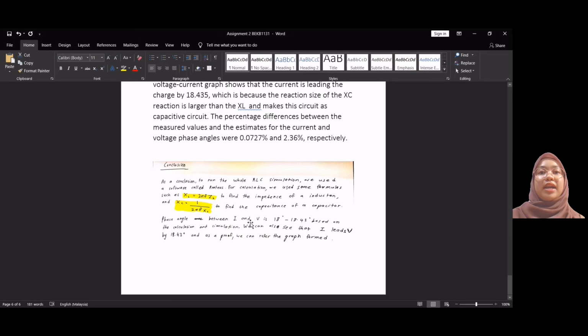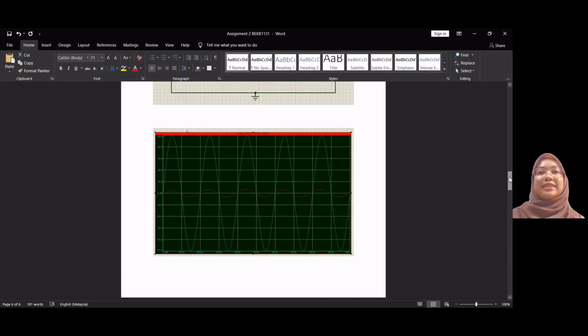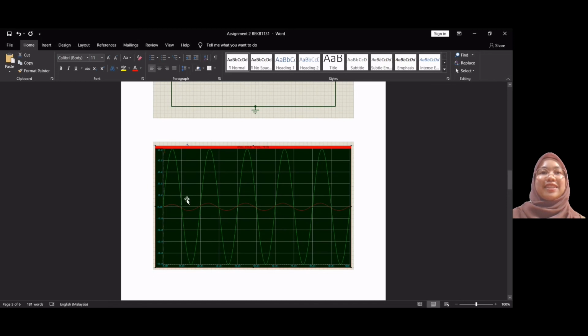Phase angle between I and V is 18.43 based on the calculation and simulation. We can also see that I leads V by 18.43, and as a proof, we can refer to the graph form, which is this one. That's all. Thank you.